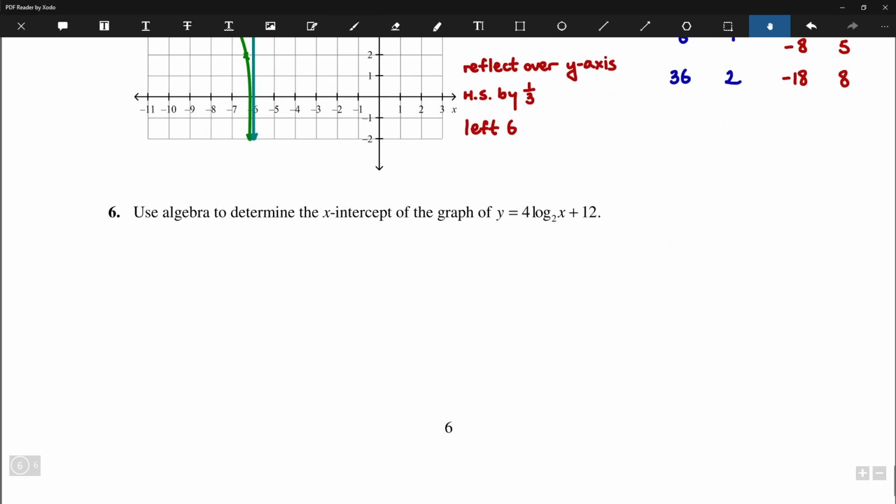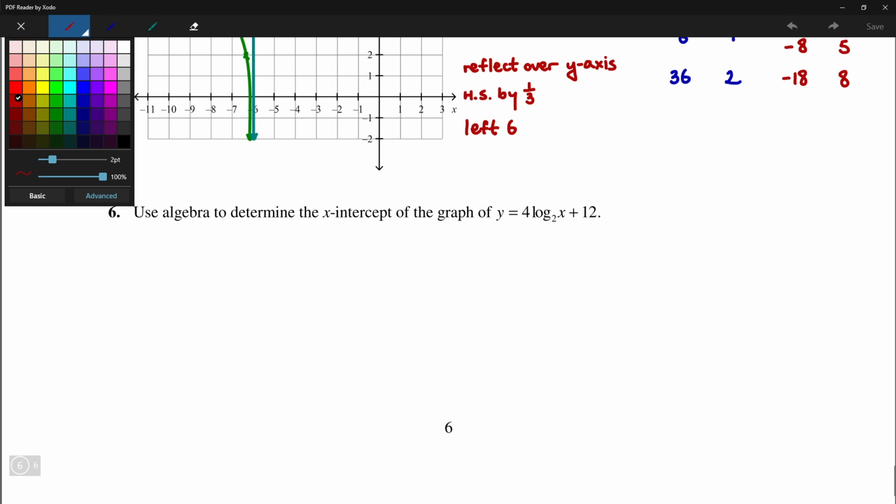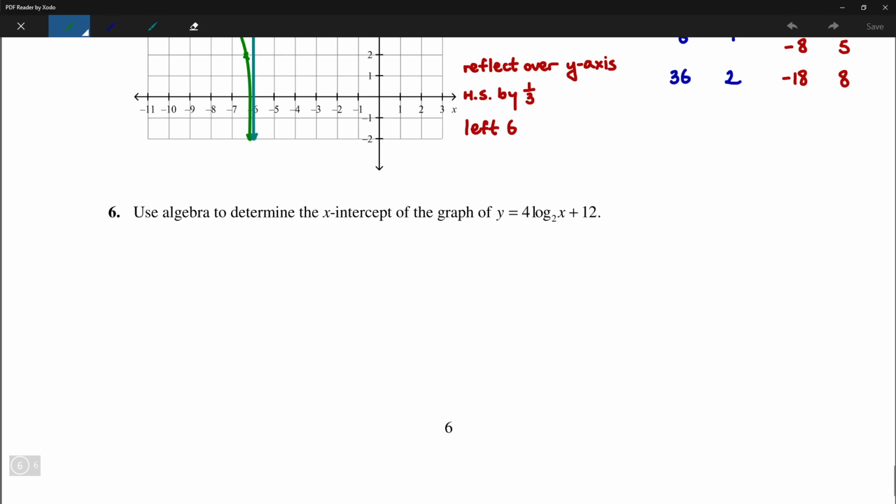Okay, so use algebra to determine the x-intercept. So quite simply then, in this case, we can let y equal 0. So this would just be 0 = 3 log base 2 of x plus 12.